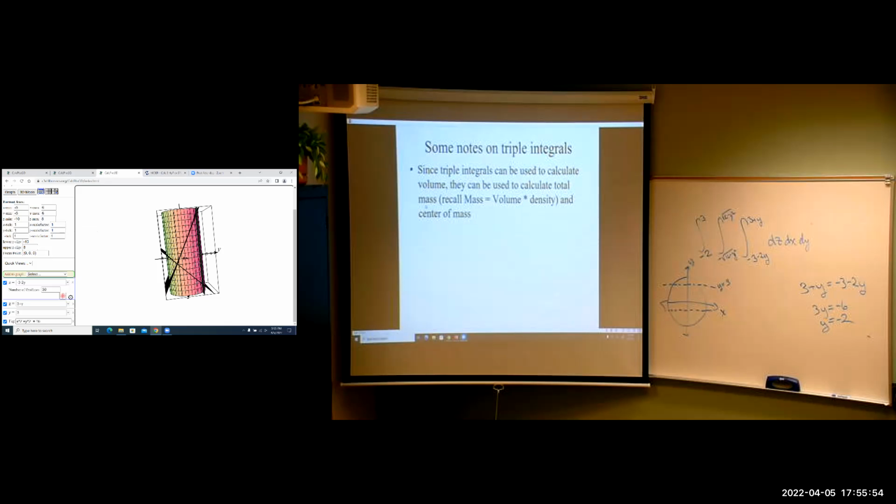And if you have some function, one way of conceptualizing what this does is to think of that function as being the density, and then you're calculating total mass. So this can be used for center of mass, those kinds of things. And last thing, when setting up a triple integral, the outside limits must be constants, just like on a double integral. The middle integrals can involve only one variable. You have to have a chance to integrate it out. And the inside can depend on two variables. Doesn't have to, but it can.